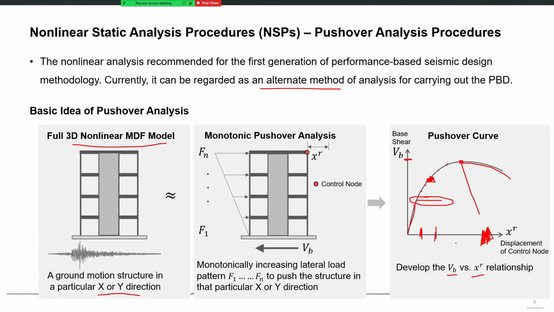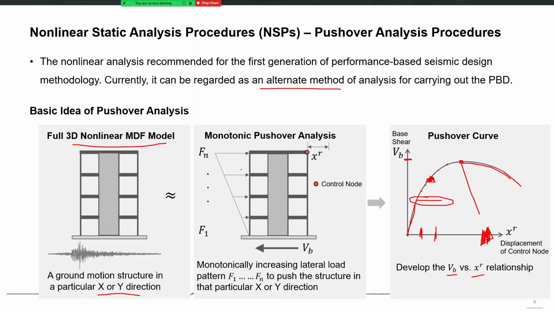Unless we know that roof displacement, we cannot simply calculate seismic demands from this curve, because this curve is giving you the complete life cycle of your structure. It is giving you the behavior of your structure from zero loading up till maybe the complete collapse, because you can push it up to the displacement you want.